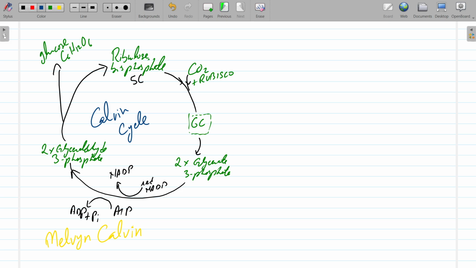So that is the Calvin cycle as a cycle. Now, how do we get the glucose? We'll talk about that. Just keep in mind that the light independent stage can occur in the light and the dark.